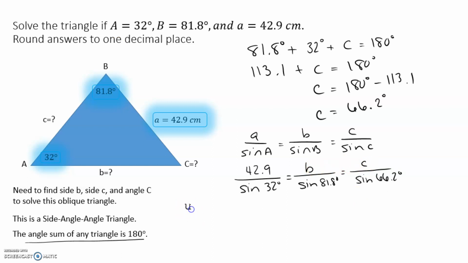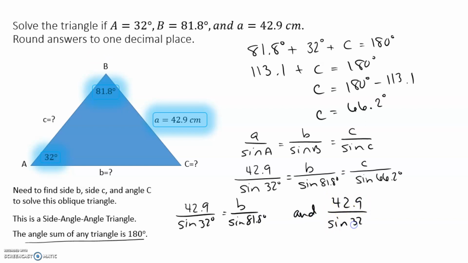So we'll have 42.9 over sine of 32 is equal to b over sine of 81.8, and 42.9 over sine of 32 is equal to c over sine of 66.2. So for this equation, I'll solve for b. For this equation, I'll solve for c.